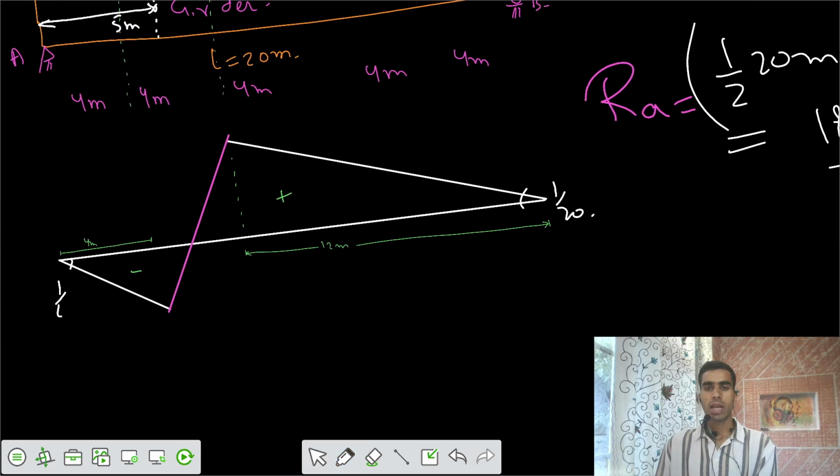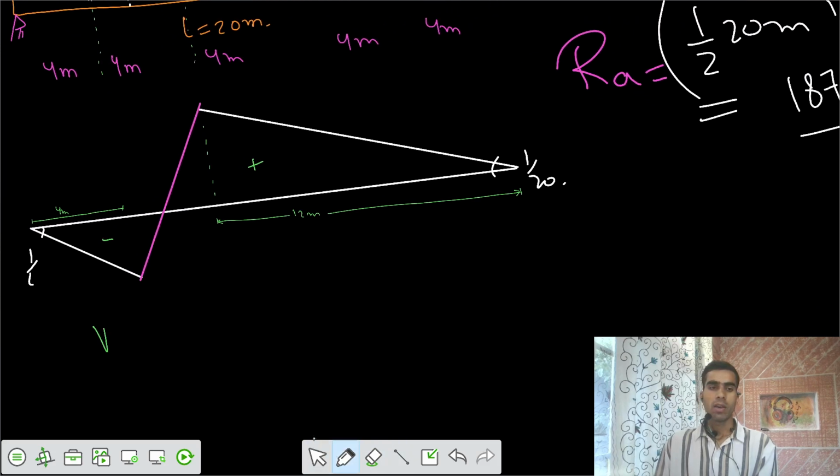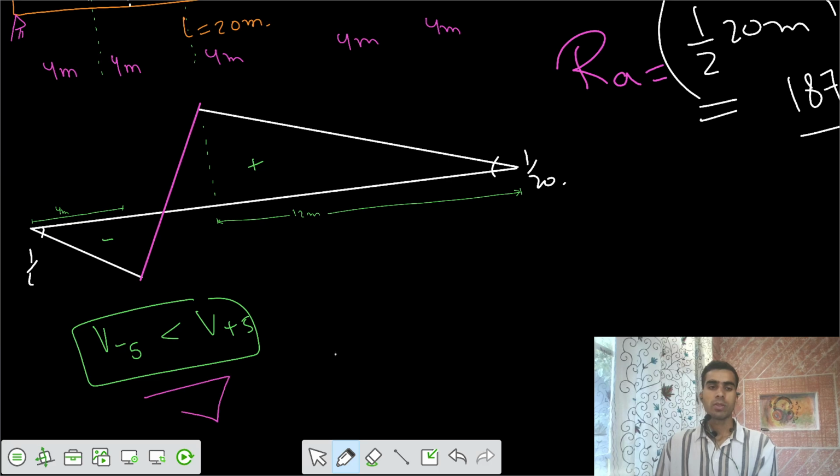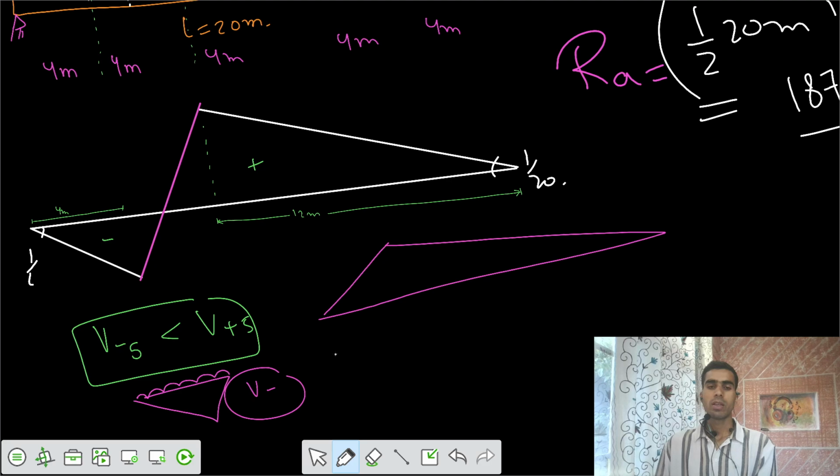Now V negative at 5 meter would be lesser than V positive at 5 meter. If I place the load in the negative part only, I would get a V negative that's lesser. Because the area under the UDL for the positive side is more, V positive would be more.